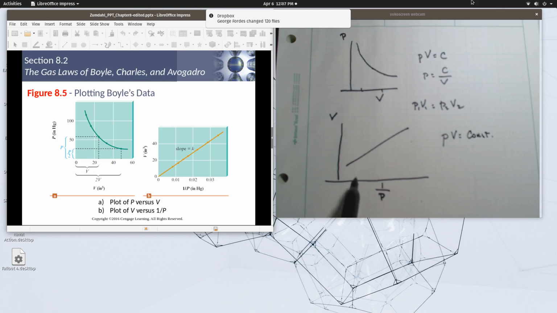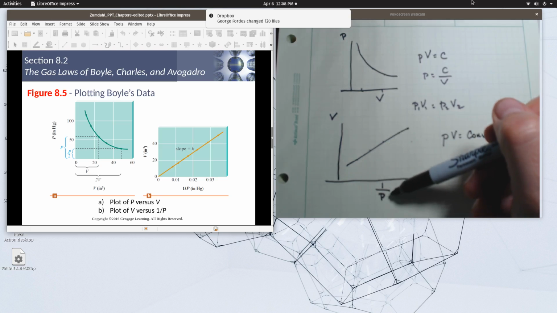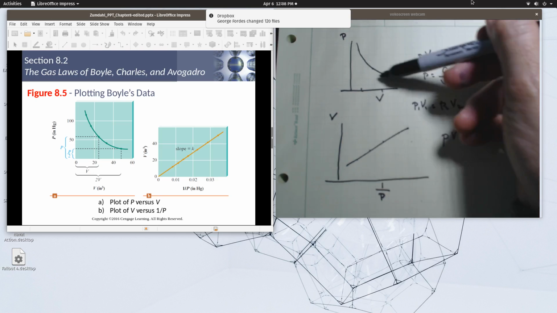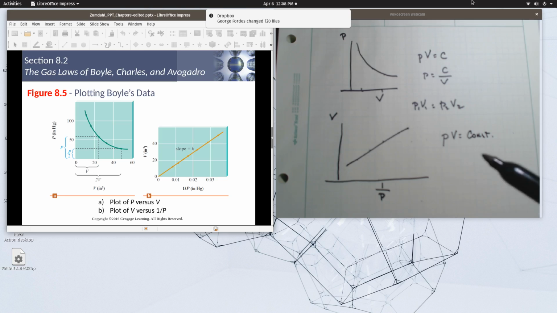The key is, when you make a linear plot of experimental data, it isn't simply a matter of convenience, because with modern plotting techniques and software, this is just as easy to plot as that, right? You could plug this data into an Excel spreadsheet and plot it easily enough. So why?